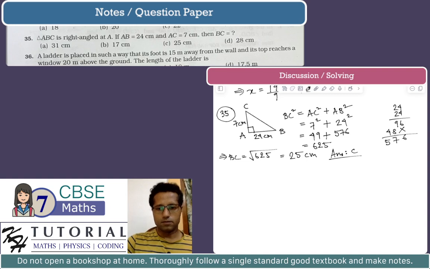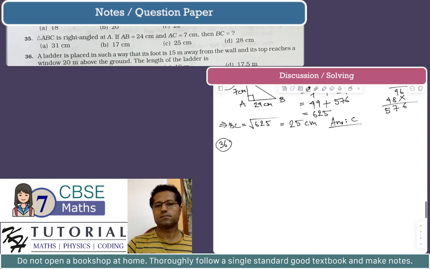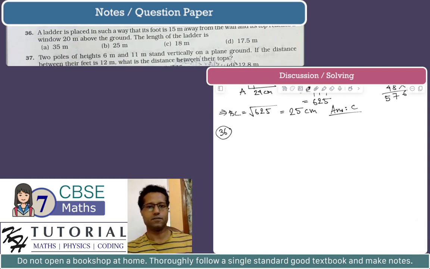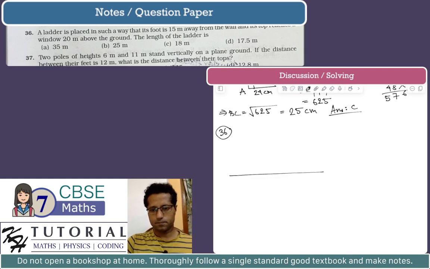Let's do problem number 36. A ladder is placed in such a way that its foot is 15 meter away from the wall, and its top reaches a window 20 meter above the ground. So let's have the ground, let's have the wall, and the window is 20 meter above the ground.